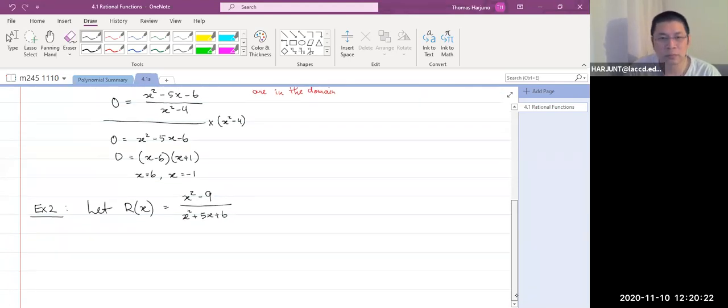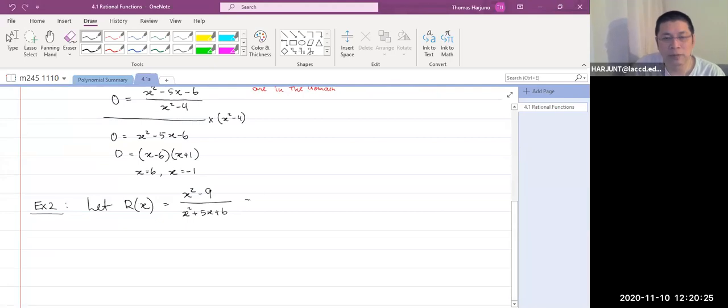This factors into x plus 3, x minus 3, over x plus 3, x plus 2.